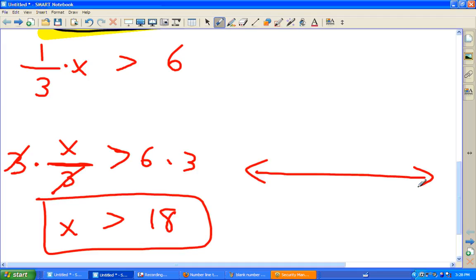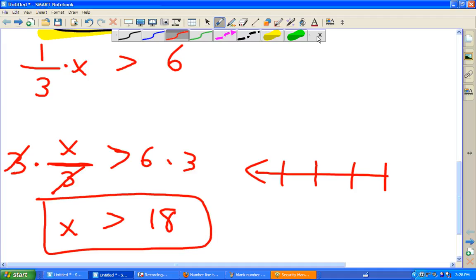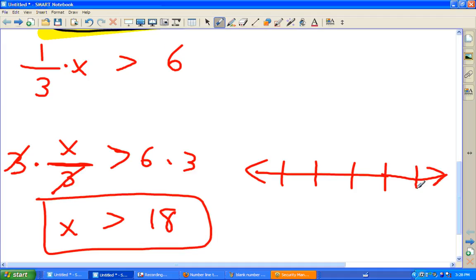Here's your number line. I'll just draw it all the way out to 0, 5, 10, 15, 18 would be somewhere in here. There's my 18 right there. This is greater than. Let's change that actually. Let's just say this is 18 right here.